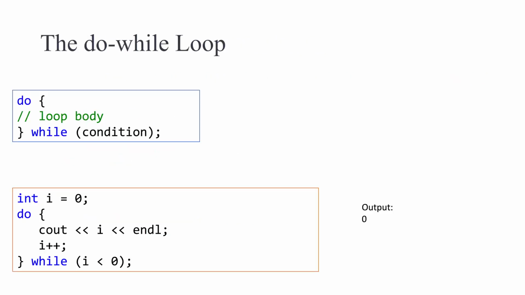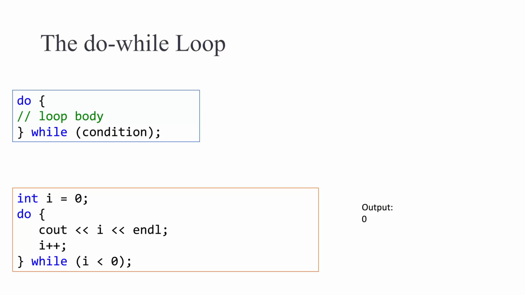The do-while loop is a type of loop in C++ that is similar to the while loop, but with a key difference. In a do-while loop, the loop body is executed at least once, regardless of whether the loop condition is true or false.